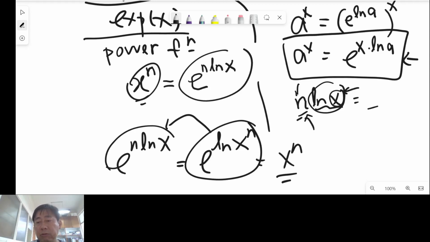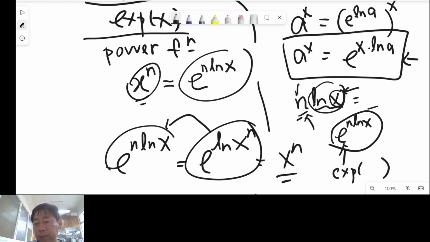So this irrational number is defined and could be calculated for e power n ln x, right? So you can read off this number from the exponential curve. Then this number is just equal to the value of x power n for n that is possibly irrational.